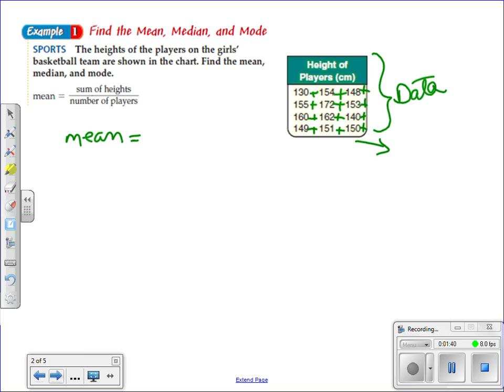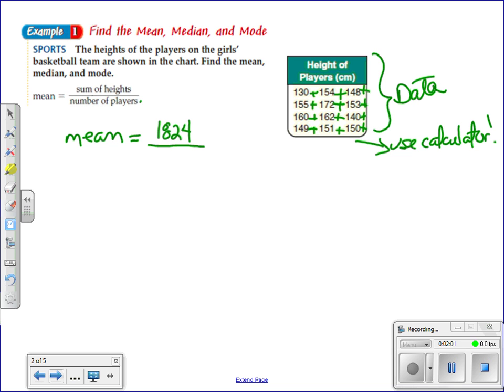And here's your calculator. You add all those up, and you'll find out that that is 1,824.